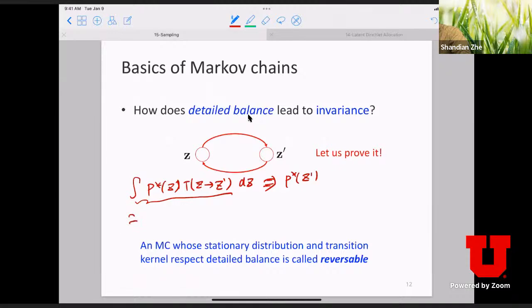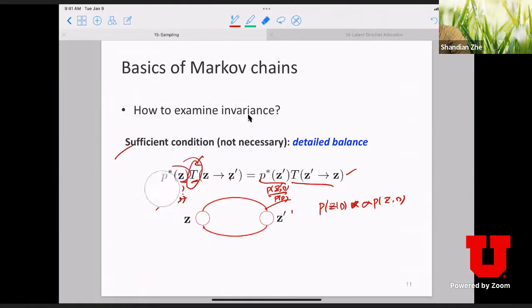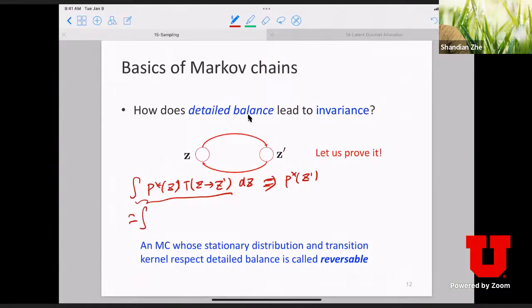The detailed balance says P star Z times the transition from Z to Z prime is equal to P star Z prime times the transition from Z prime to Z. So we just apply the detailed balance result, switching Z and Z prime. You get P star Z prime times the transition from Z prime to Z, dZ. This guy is equal to this guy according to detailed balance.